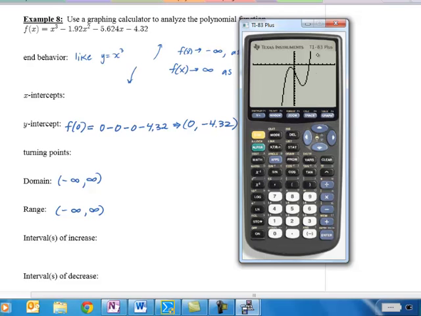So in this window, we can see the high and low points, and we can see the right end behavior. So that's good. Let's adjust this a little bit. I don't need to see as much to the left and right, so I'm going to change my x-min to negative 5, say, and my x-max to 5. Okay, so that looks like a good window to use to analyze this graph.